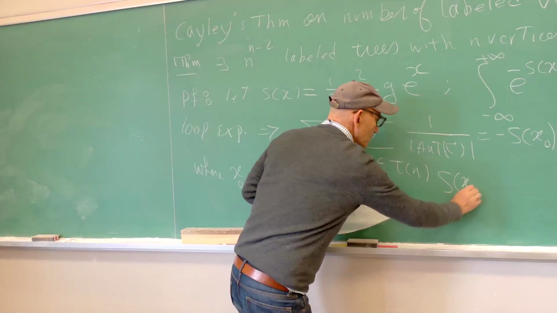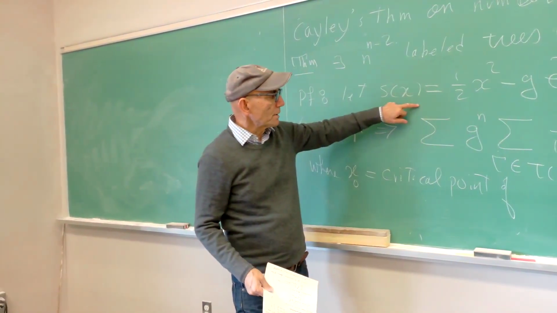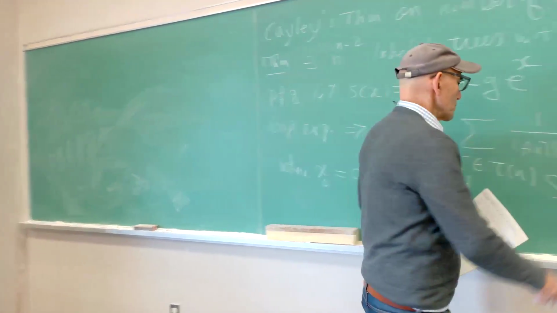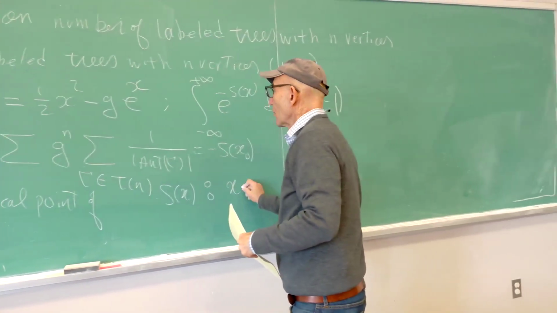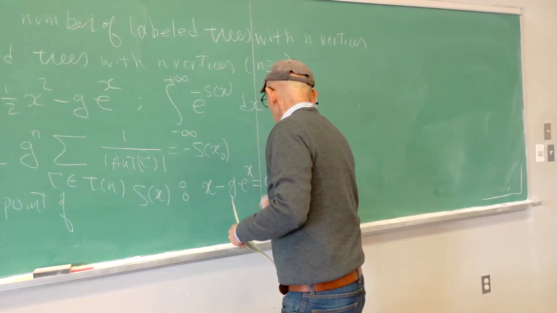To find this critical point, we take its derivative and put it equal to 0. If you take the derivative, you get x minus g e to the x is equal to 0.